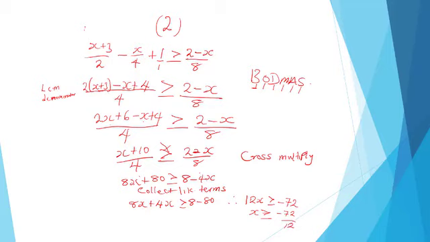So with this, 2 goes into 72 36 times, so it's minus 36 over 6, and this goes into here 6 times, so we have minus 6.